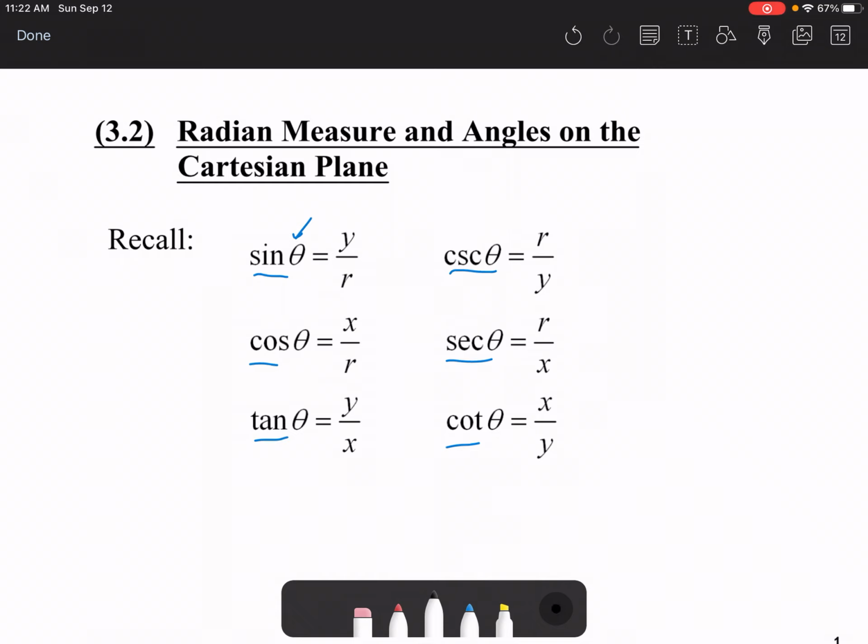So let's say we have an angle theta, a primary angle in standard position somewhere on the Cartesian plane. For my own purposes, I'm going to draw this in my third quadrant. This angle theta relates to my height right here, which we commonly call y.